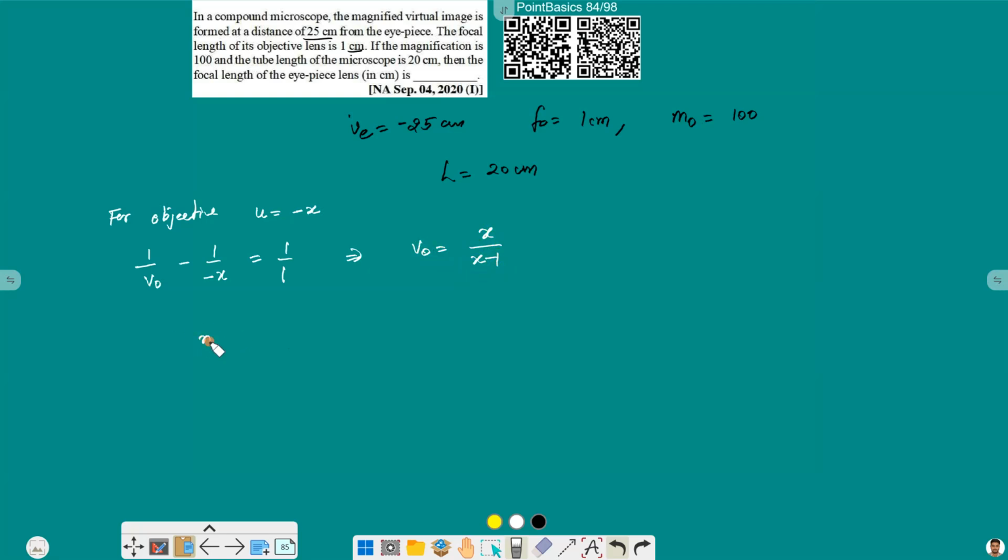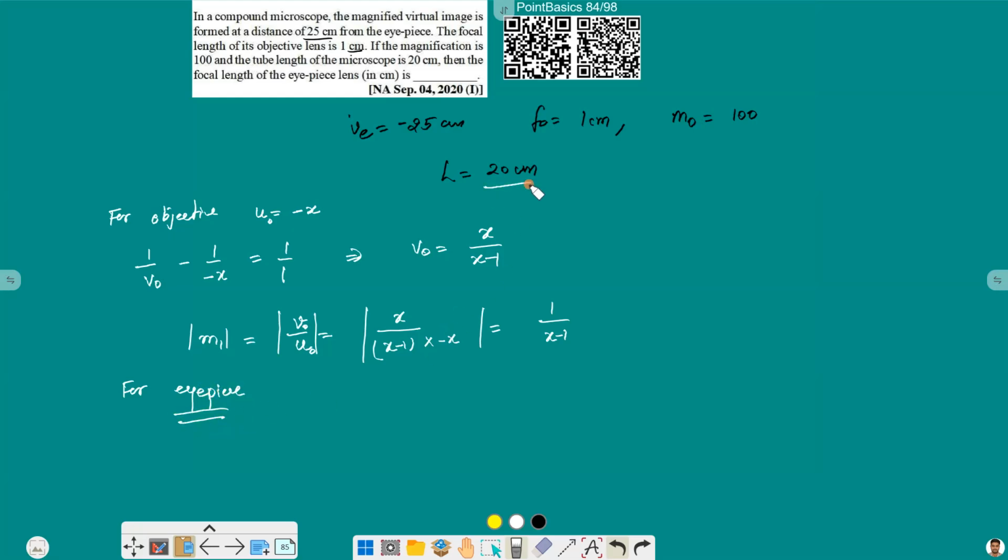Now magnification M1 will be equal to V_O by U_O for the objective. So this will become X by X minus 1, and here we will have negative X. We will take the magnitude only, so this will be 1 by X minus 1.